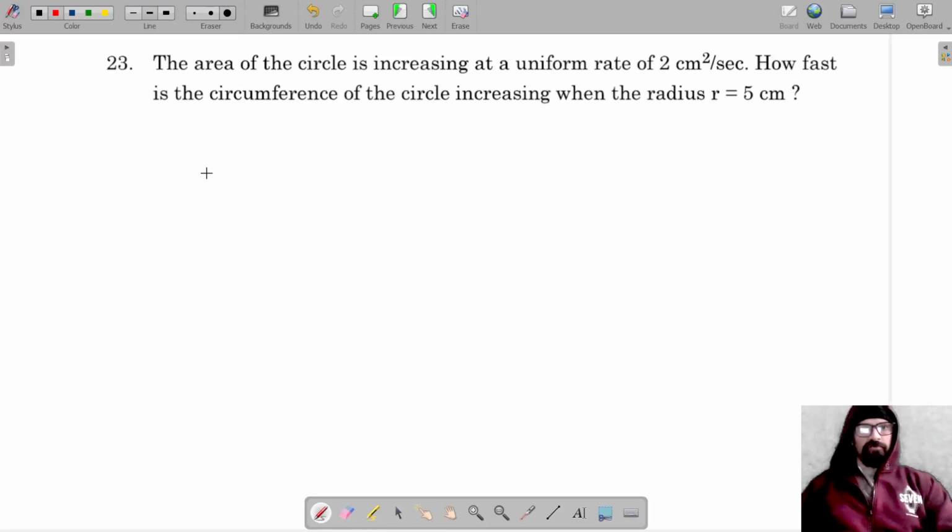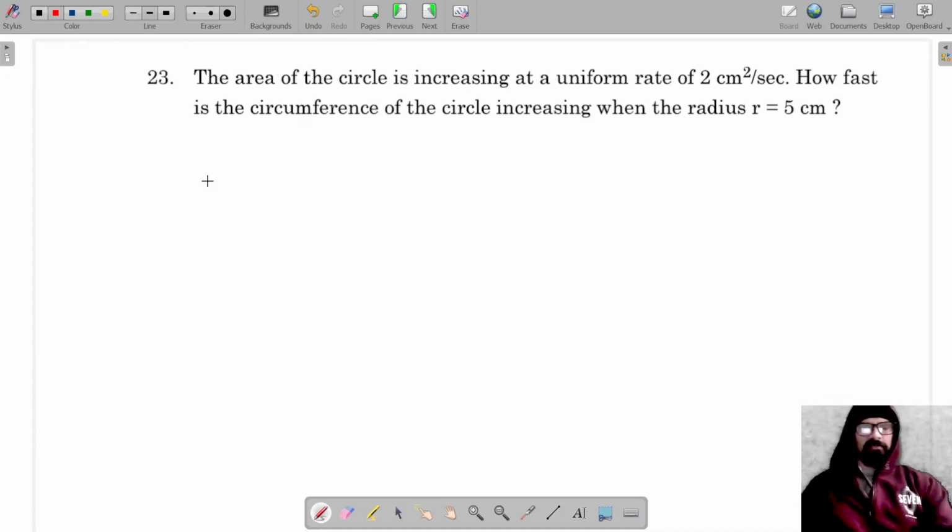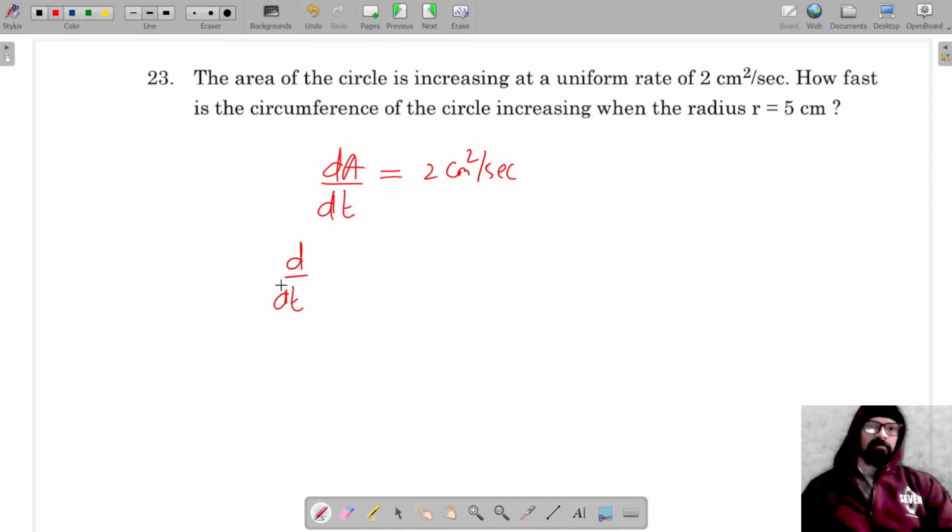Okay, for question number 23, it is given that the area of the circle is increasing at a uniform rate of 2 centimeters square per second. So let A be the area of the circle, and it's given that the rate of change of area is 2 centimeters square per second. We know that the area of the circle is pi r square.